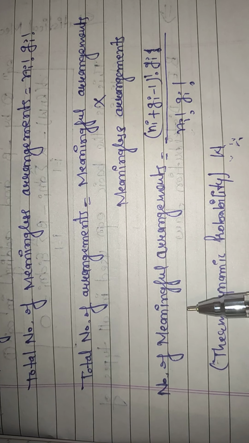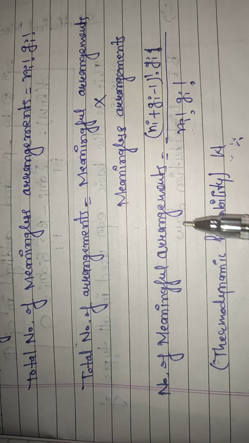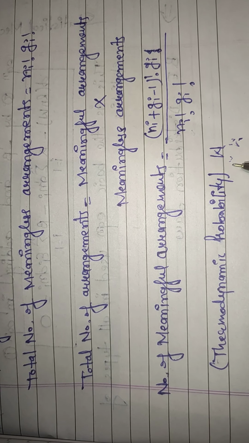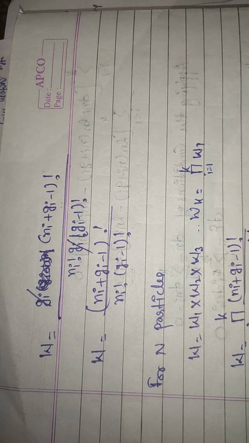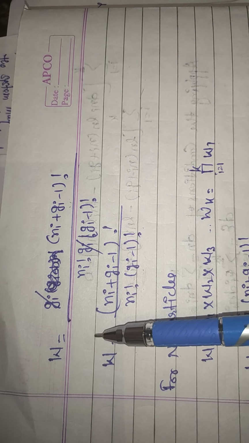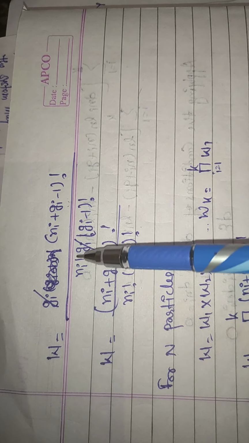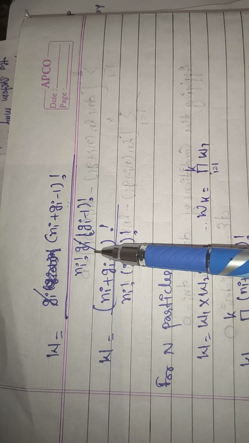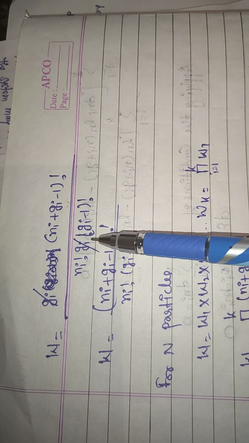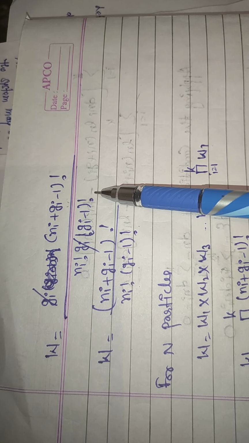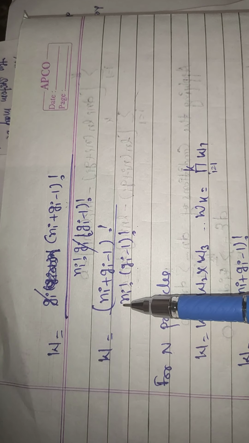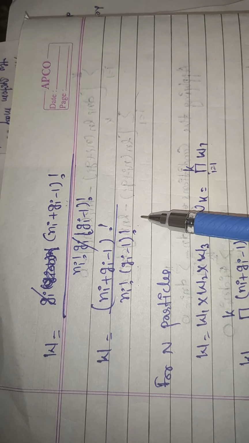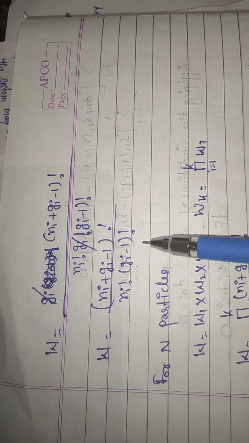If you remember, the number of meaningful arrangements is given by the thermodynamical probability, denoted by W. So we are approaching our first equation, W. By solving further, gi factorial can be written as gi into gi minus 1 factorial. Cancelling gi by gi, W is ni plus gi minus 1 factorial divided by ni factorial into gi minus 1 factorial. This is for a single ith state.